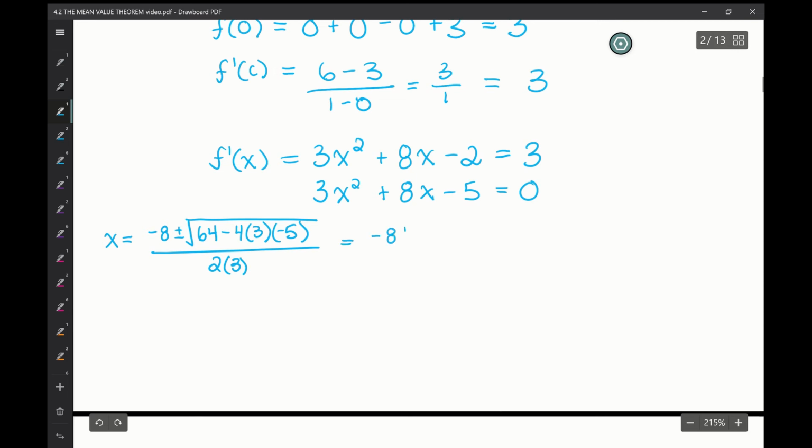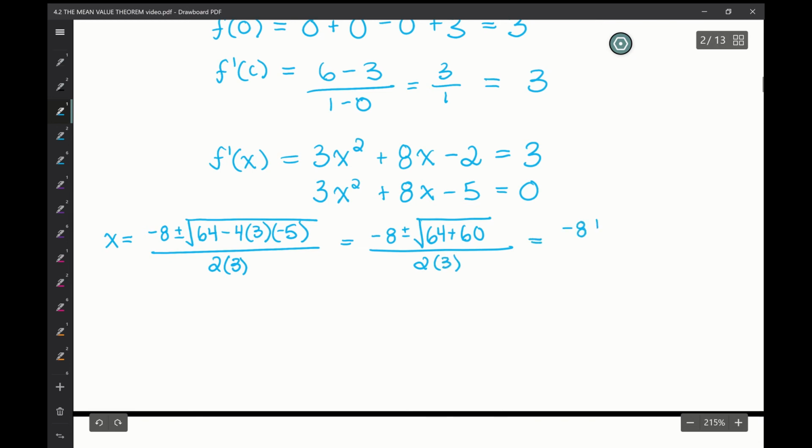So that's negative 8 plus or minus the square root of 64, then we have negative 4 times 3 is negative 12, times negative 5 gives us plus 60, over 2 times 3.